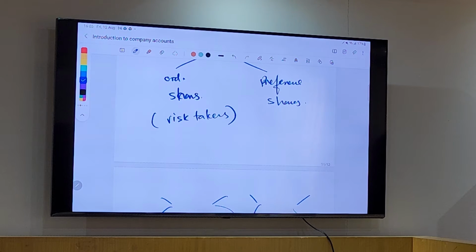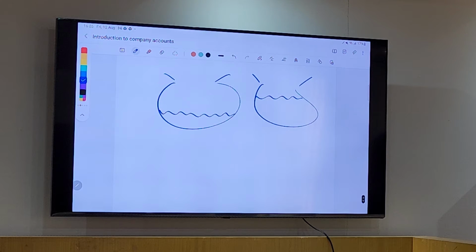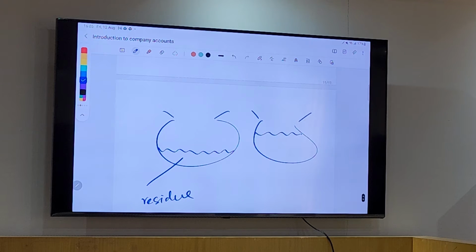You pay everybody at the end. What is left over, only you take it. This you call the residue. If the business is very good, this will be big. If the business is very bad, this will be smaller.